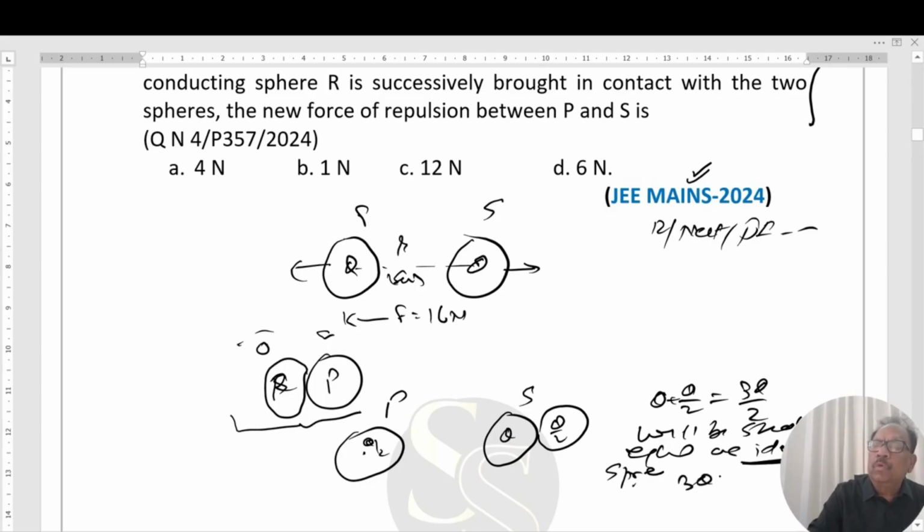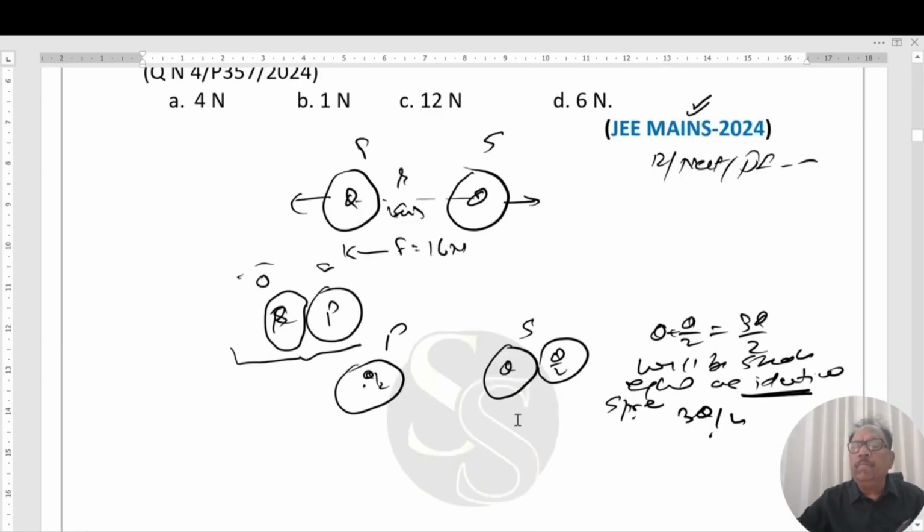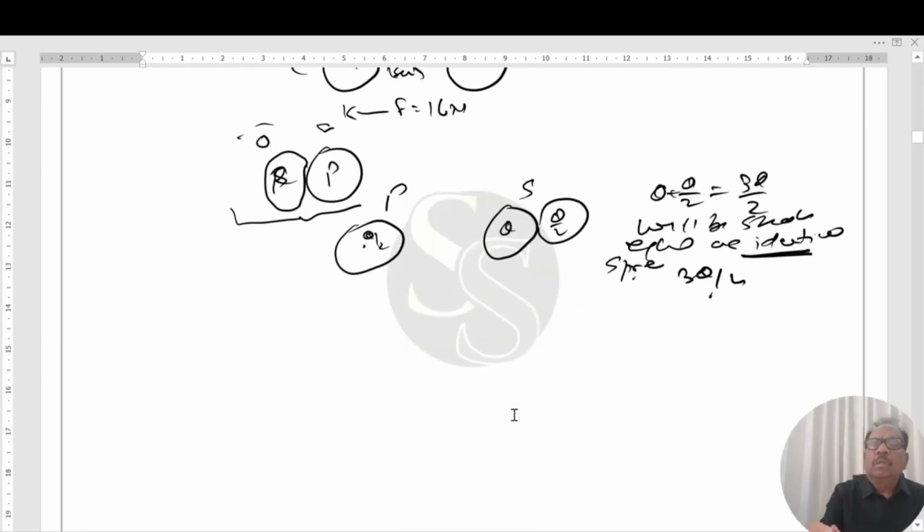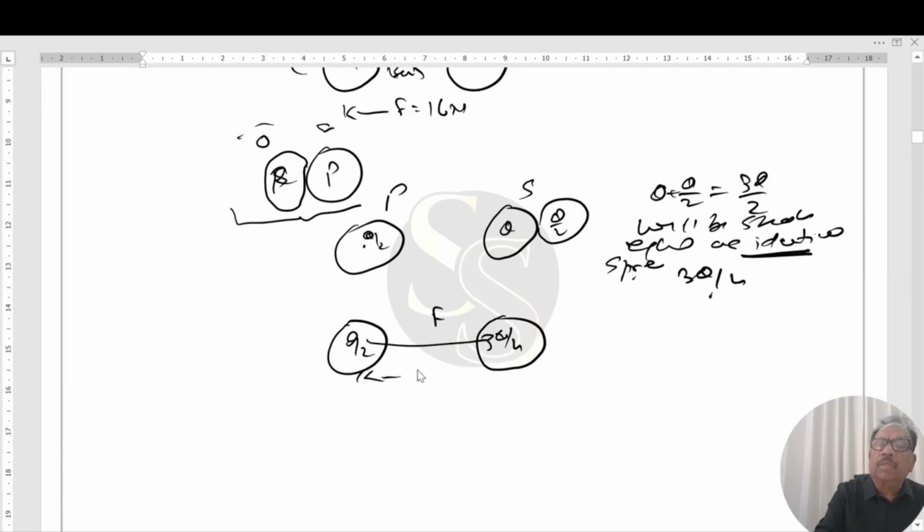Therefore, 3Q by 4. So charge on P is Q by 2, and charge on R is 3Q by 4.